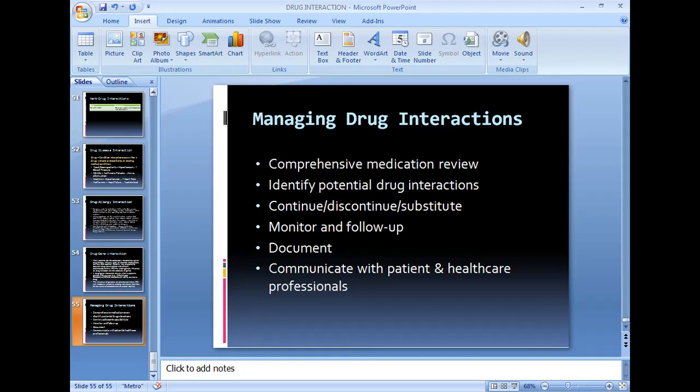It is also a good strategy to communicate with other healthcare professionals related to the patient and also with the patient. It will help to tackle the situation and to detect the interaction, and it will be easy to manage the consequences of any drug interaction.